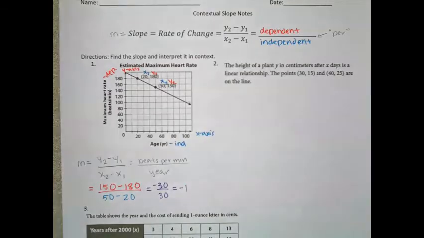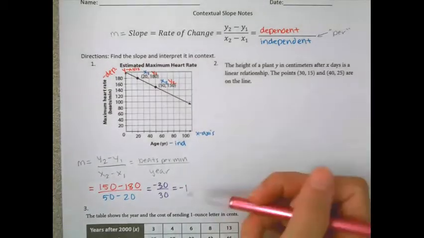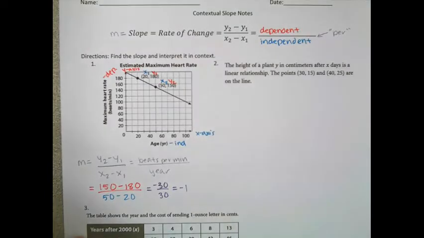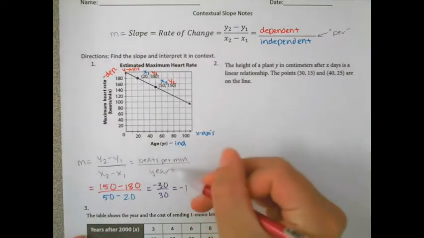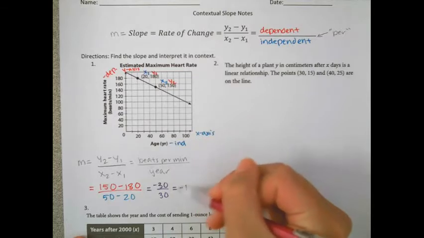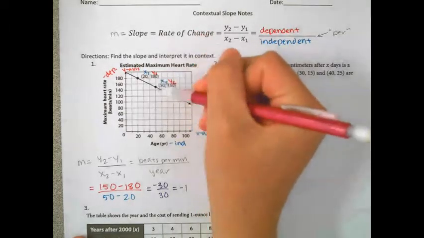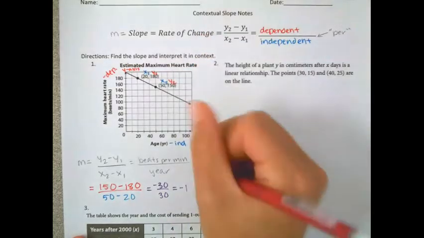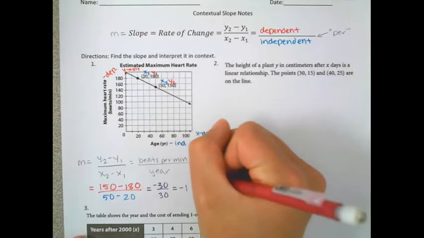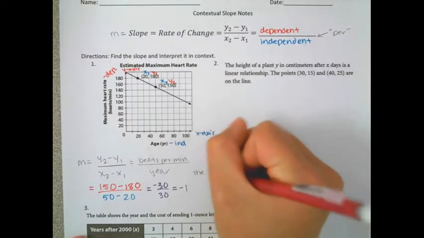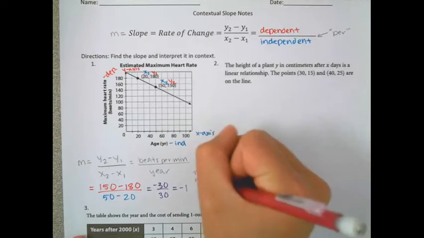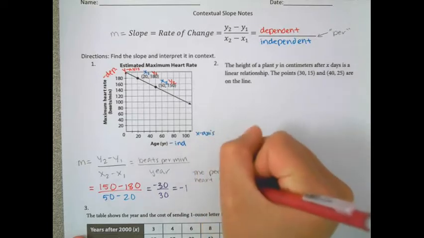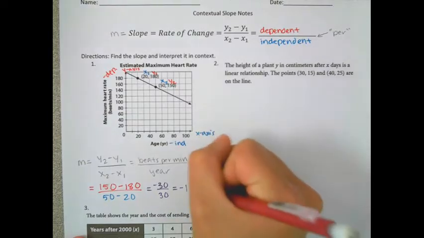So now, in the context of this situation, we need to see what this means. So we're going to use this piece of information to help us. We're also going to take a look at this negative. So we can see it's going down, so we could say it's decreasing. So the person's heart rate is decreasing because it's negative.